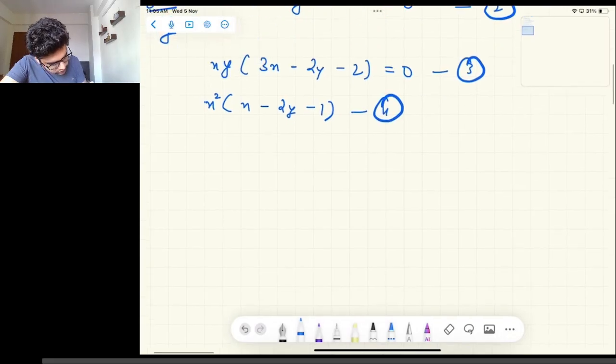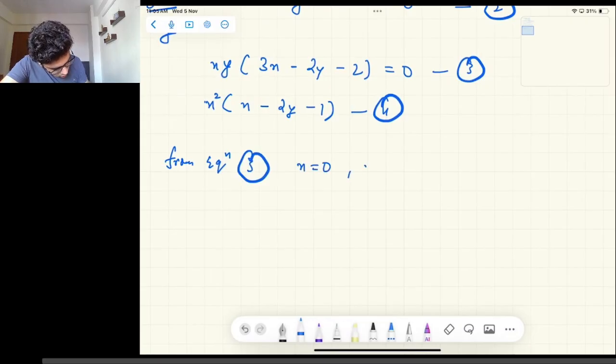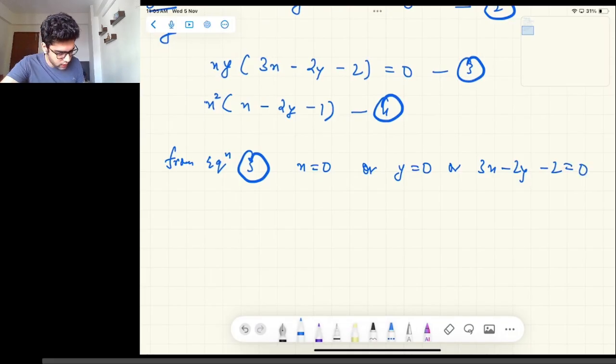From equation 3, I can say that x is equal to 0, or y is equal to 0, or 3x minus 2y minus 2 is equal to 0.